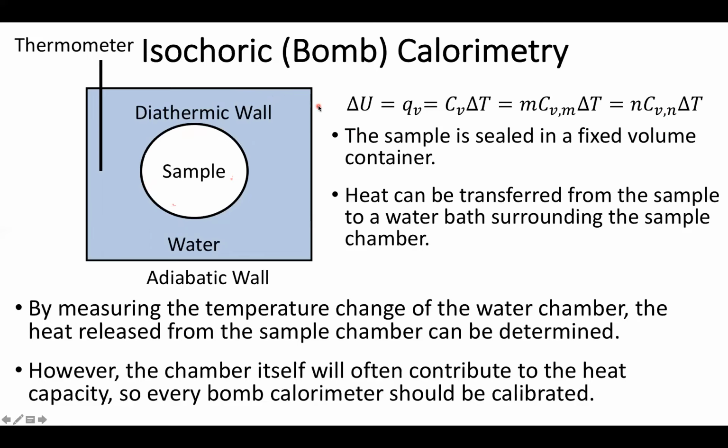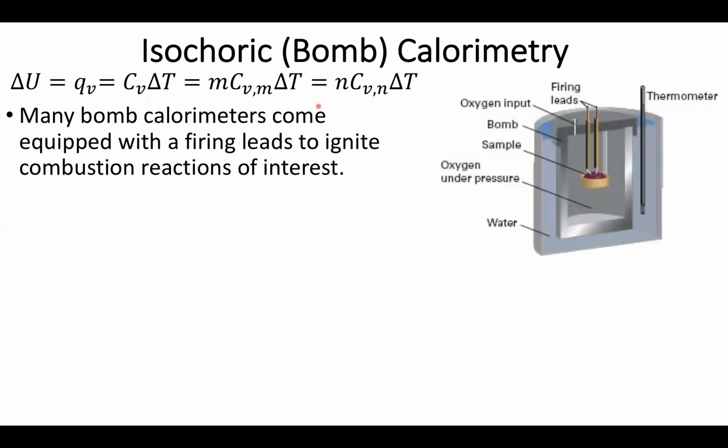So in practice, whenever you make use of a bomb calorimeter, we should always make sure to calibrate our calorimeter itself. Now, there are often many tricks we can use to calibrate our calorimeter. One of the classic tricks is that a lot of our calorimeters come with firing leads.